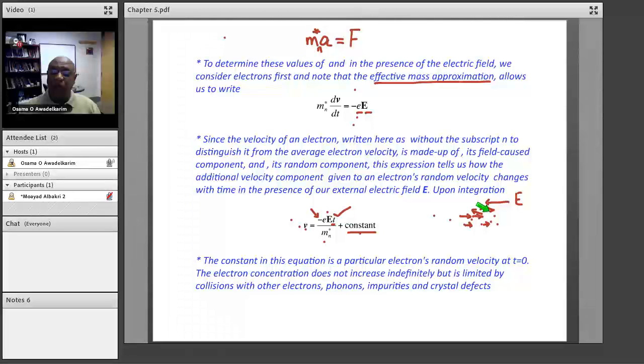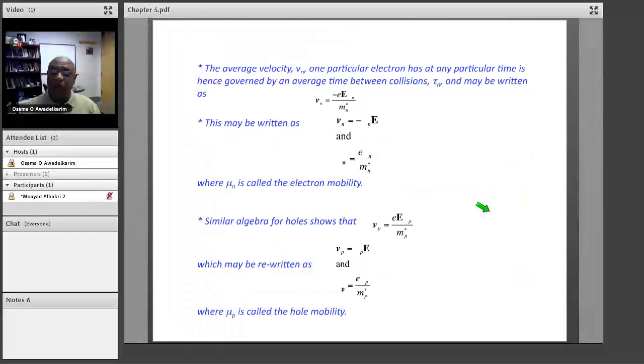Then I can think of an average time, which I call tau, the average time between collisions, and this average time may be 2 seconds. That's the time over which my velocity increases, and then it goes back to a low value.